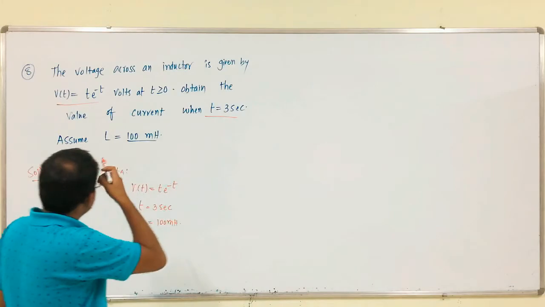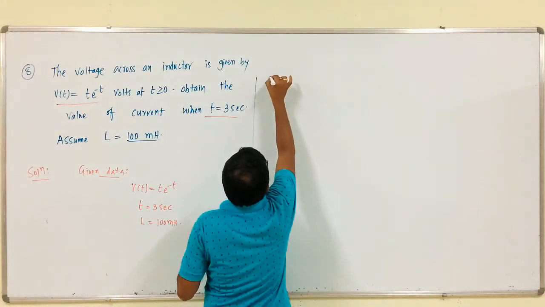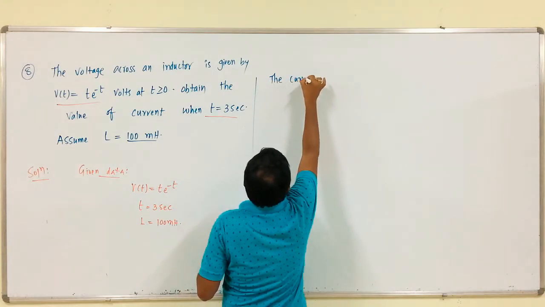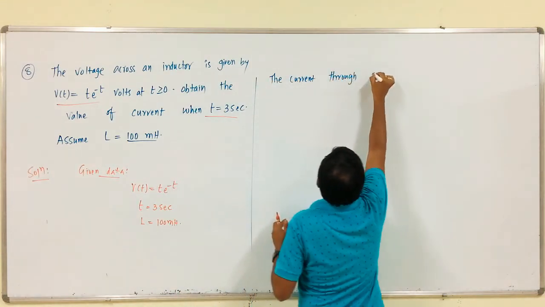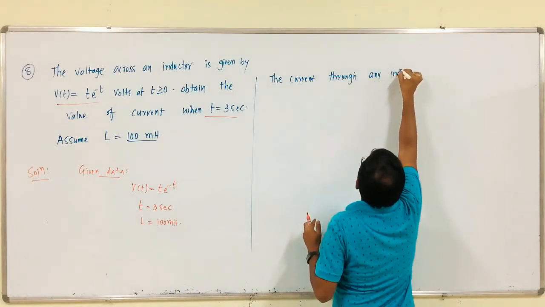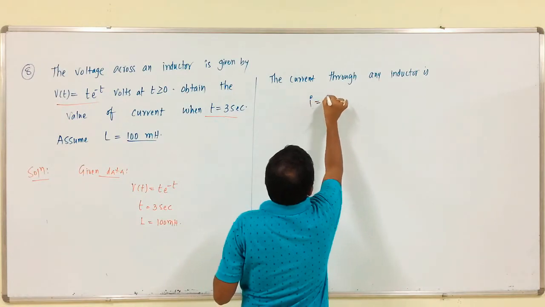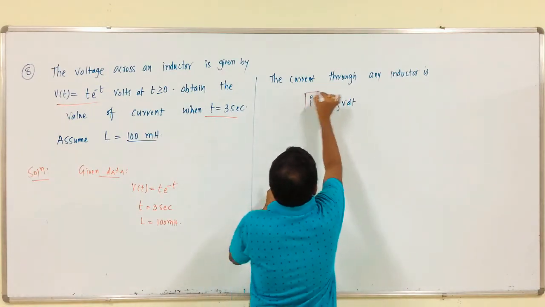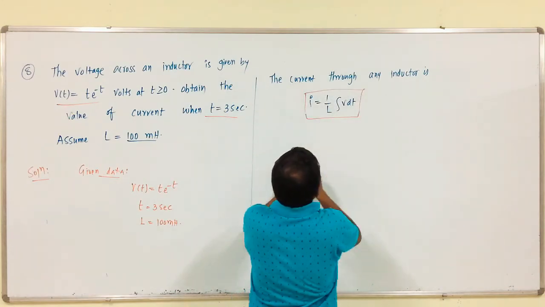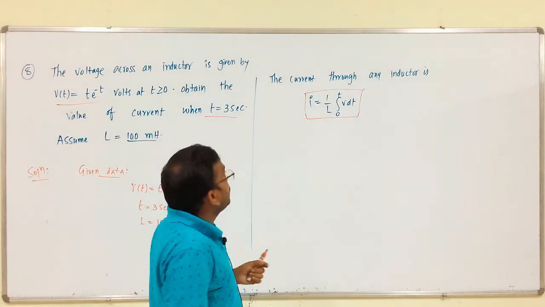So, we all know that the current through any inductor is I equals 1 by L integral of V dt, right, and put the limits 0 to t: 1 by L integral from 0 to t of V dt.